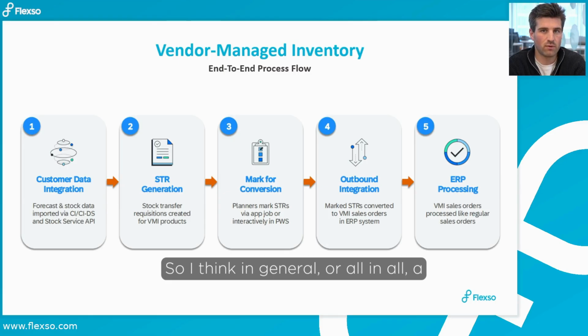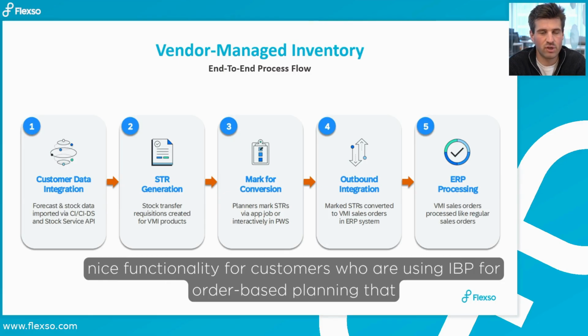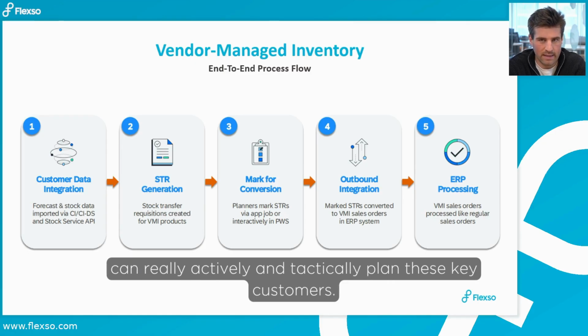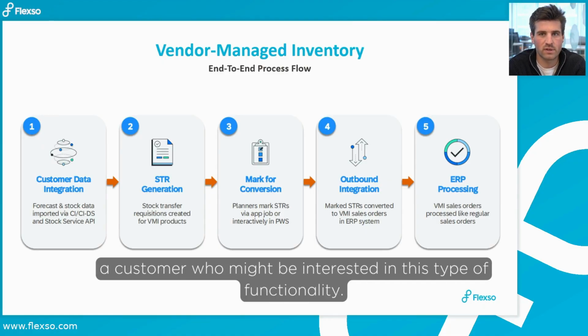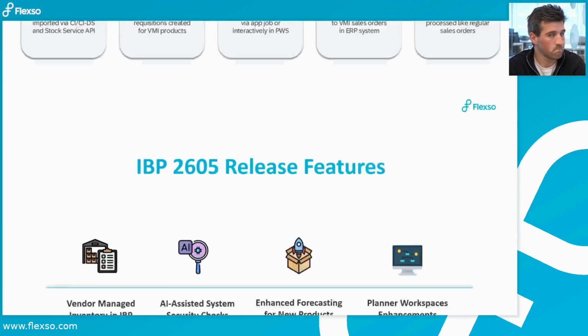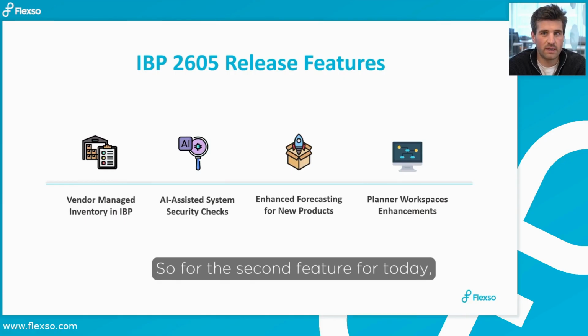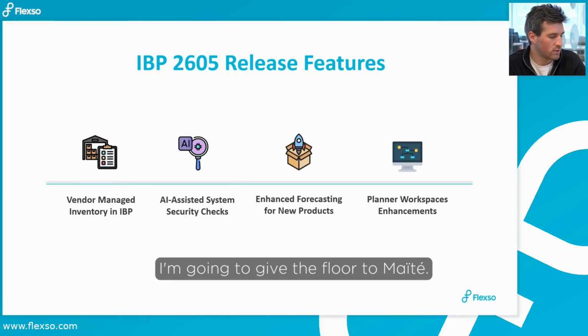All in all, I think it's a nice functionality for customers who are using IBP for order-based planning that can really actively and tactically plan these key customers. So I think it's definitely worth exploring for a customer who might be interested in this type of functionality. For the second feature for today, I'm going to give the floor to you, Maïté.